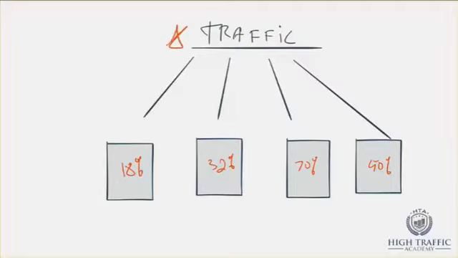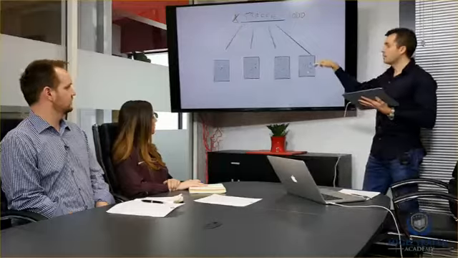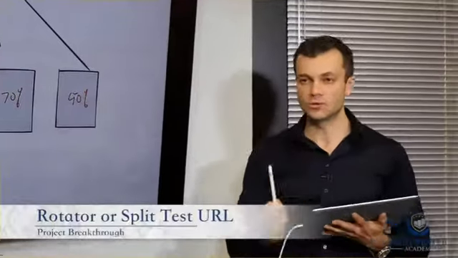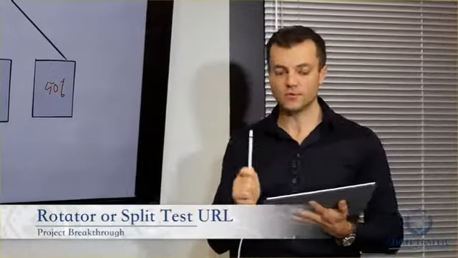Let's say I purchase clicks, and I get 1,000 clicks, which we'll talk about traffic starting tomorrow. If I get 1,000 visitors that I purchased, and I want to simultaneously see which landing page is going to be the best converting one, how do I do that? Well, I need something called a rotator or split test URL. Make sense? Split test URL, very, very important.